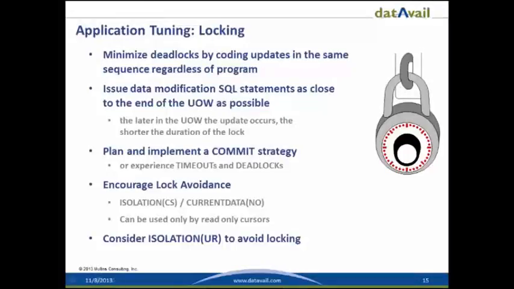And of course, another significant performance related issue is locking, and you can do an awful lot to improve performance by modifying your behavior in terms of how you issue commits. The first thing you need to think about is deadlocks, which is basically where I have resource 1 and want resource 2. You have resource 2 and want resource 1.